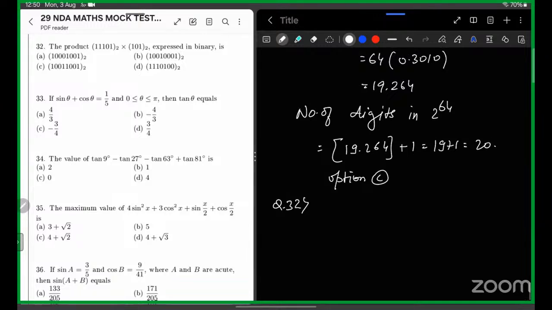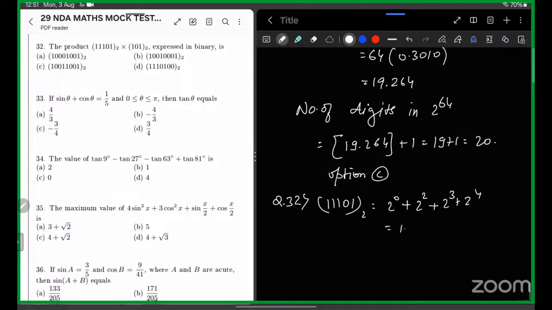The product of this expressed in binary will be how much? So first we need to convert it into decimal numbers. So it can be written as 2 raised to power 0 plus 2 raised to power 2 plus 2 raised to power 3 plus 2 raised to power 4. And that is equal to 1 plus 4 plus 8 plus 16.